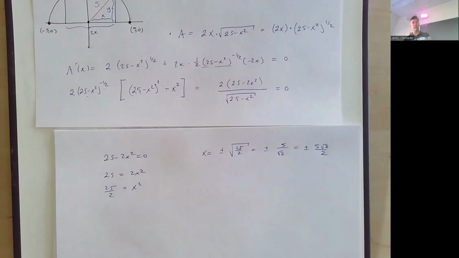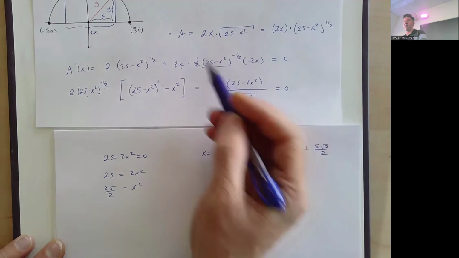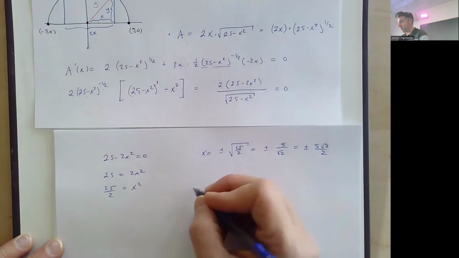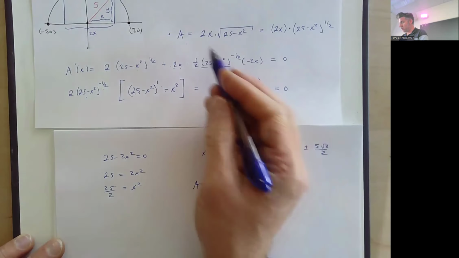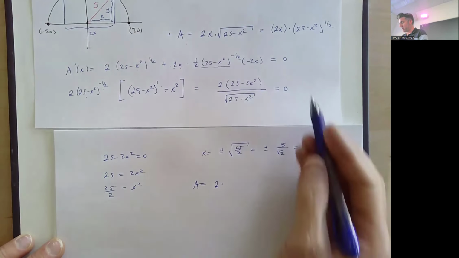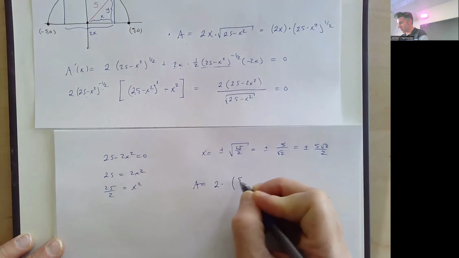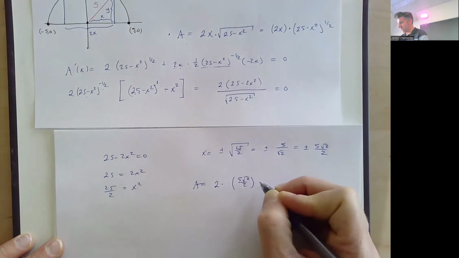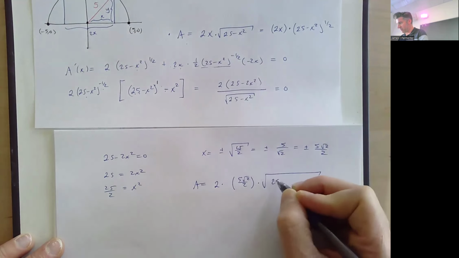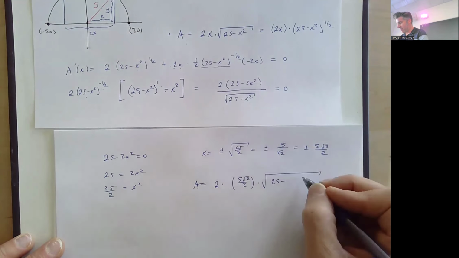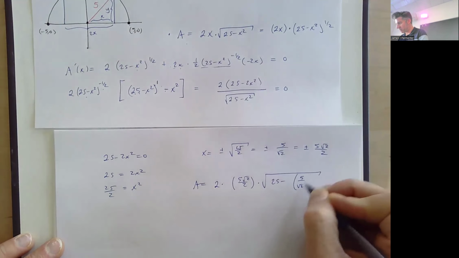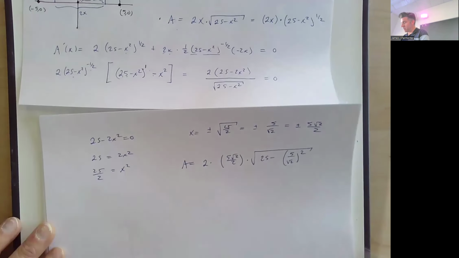And then to answer the question, here they didn't ask for the dimensions. They asked for the maximum area. So you would take this value here and plug it back into your area equation. So the maximum area would be 2 times x, which is 5 root 2 over 2, times the square root of 25 minus, let's write it as (5 over root 2) squared, which ends up being kind of nice.